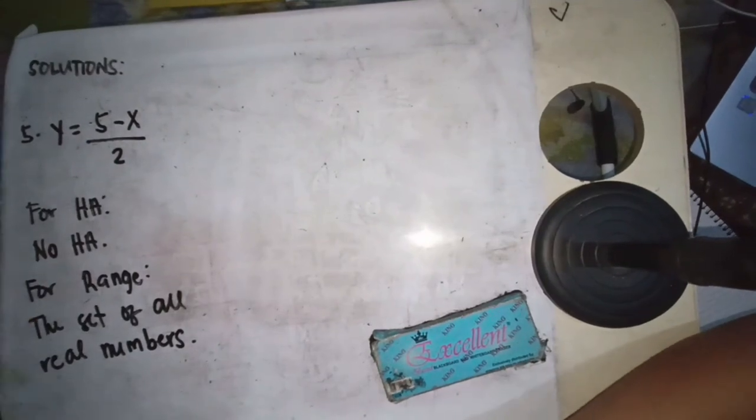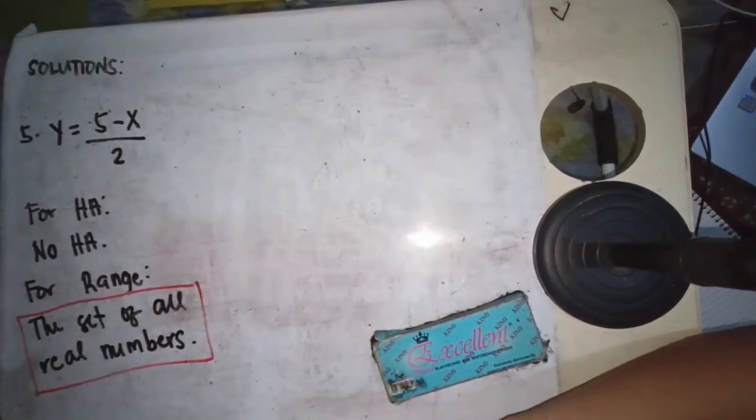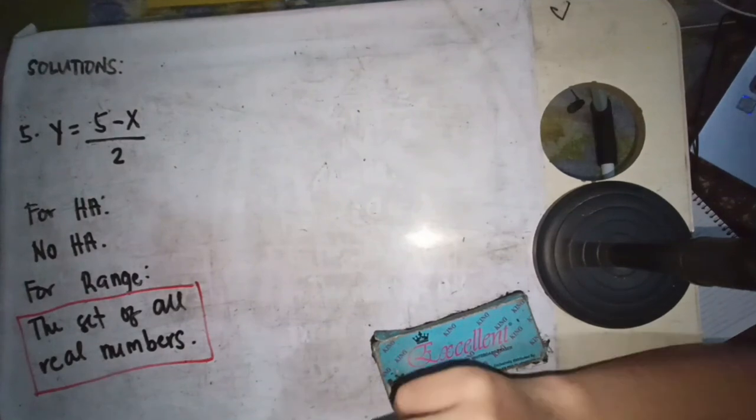Wala man tayo horizontal asymptote, therefore the set of all real numbers will be the range of our rational function y equals 5 minus x over 2.